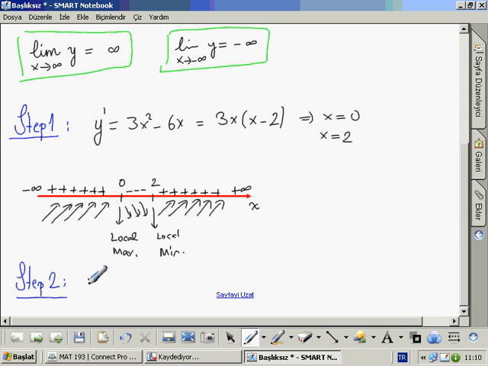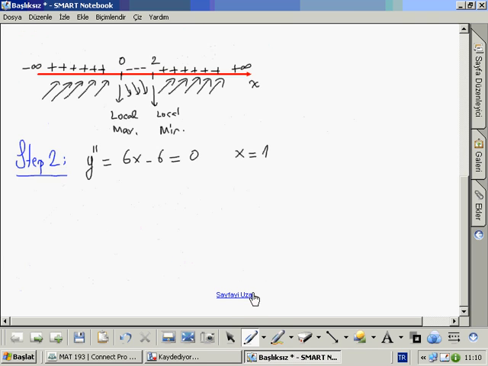Step 2 says take the second derivative of y, and y double prime equals 6x minus 6. It equals 0, and x equals 1. What can we say about it? This point is 1.